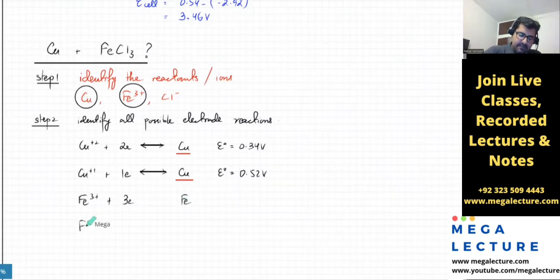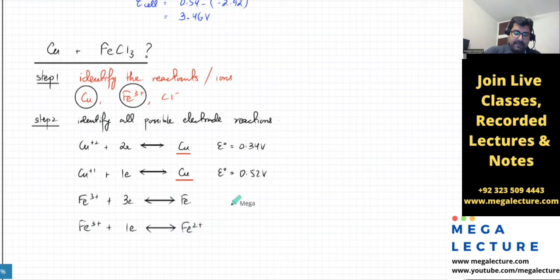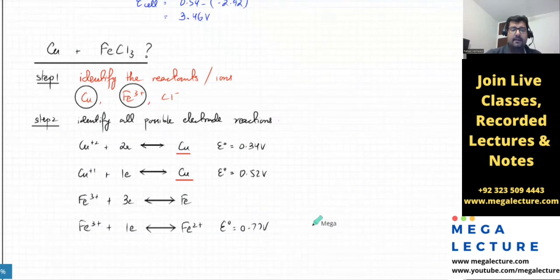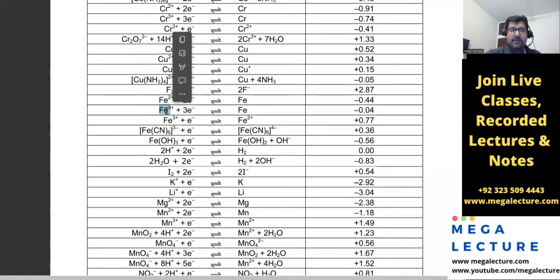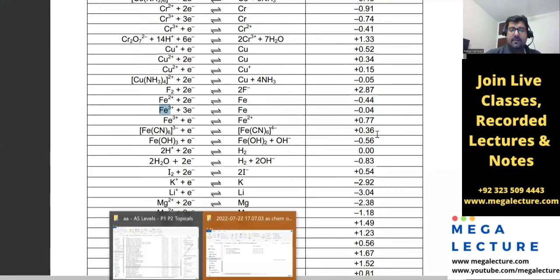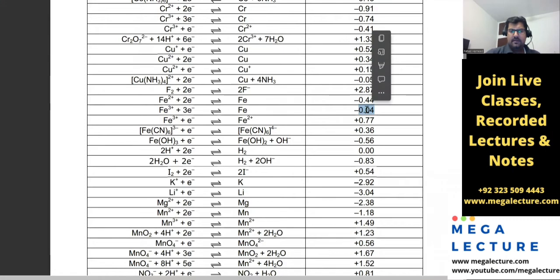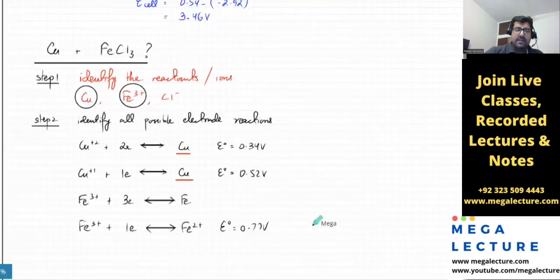The other one is Fe3+ gaining just 1 electron to form Fe2+. And this one E naught is 0.77. The other one, I don't remember, that's Fe3+ to Fe, it's minus 0.04. So this one is minus 0.04.